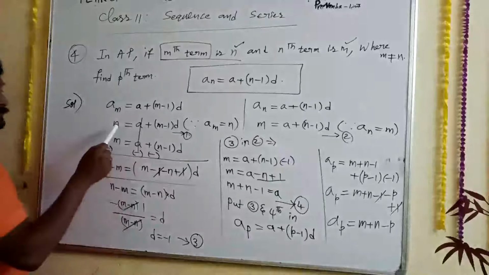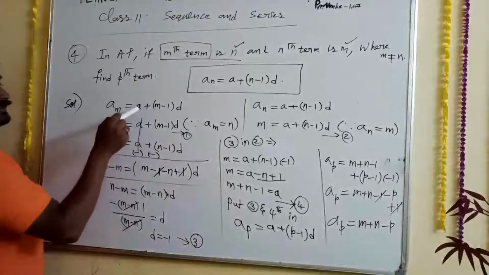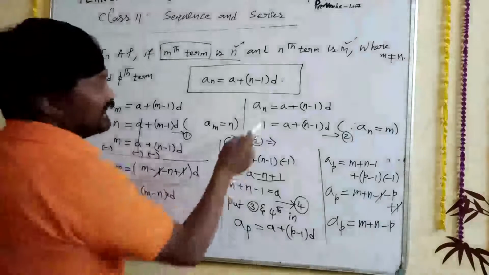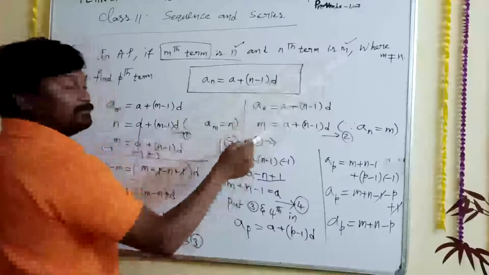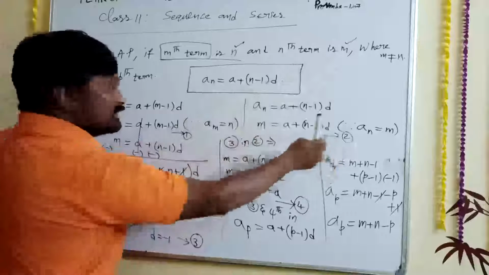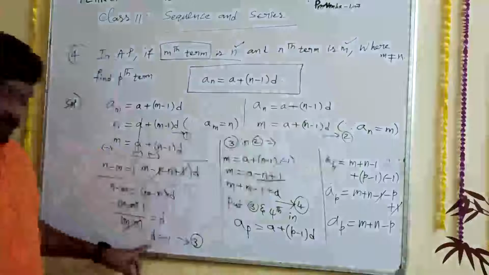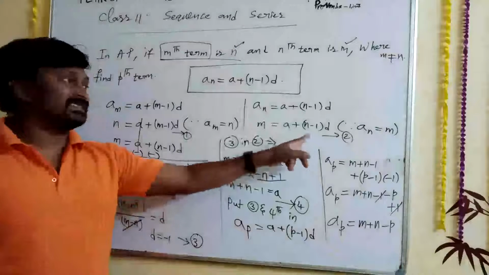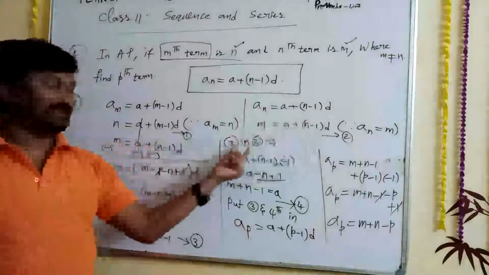If I need to find that, first I need to find what is my first term and what is my difference. So for finding that, first a_m is equal to n written, then a as it is plus m minus 1 into d. Next, the nth term is a_n, which is given as m, so m is equal to the general form. These two just subtracted, you got the d value. Once you get the d value, substitute it in any one of the equations. I chose this second one and substituted.